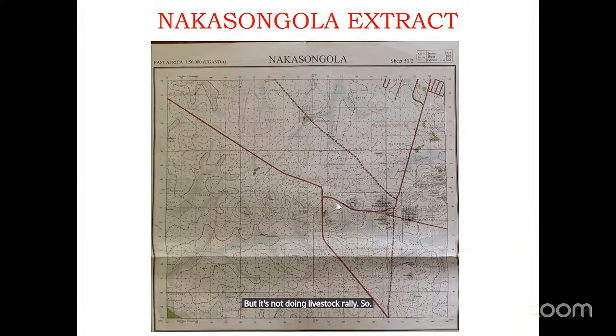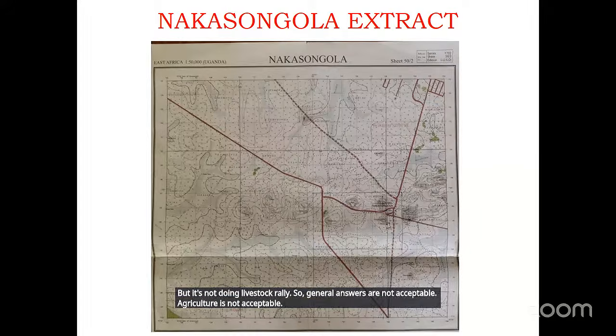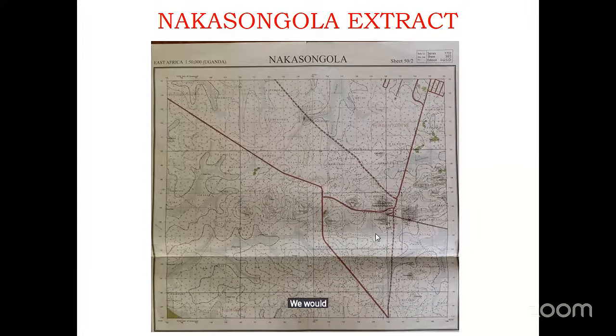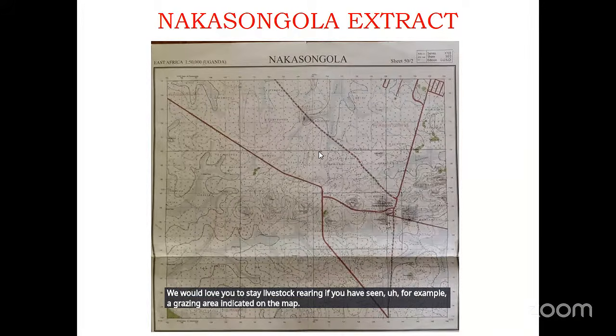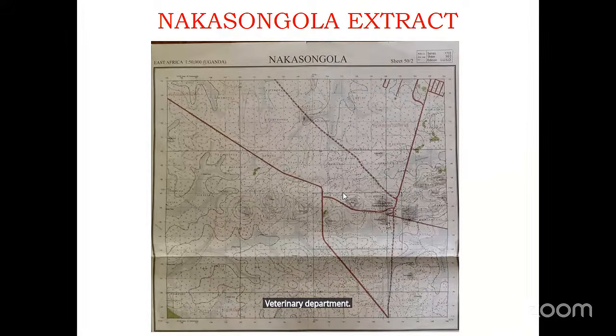So general answers are not acceptable. Agriculture is not acceptable. We would love you to say livestock rearing if you have seen, for example, a grazing area indicated on the map, veterinary department, cattle dips, cattle markets.